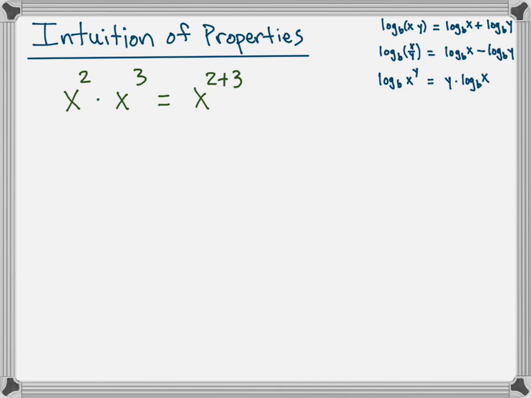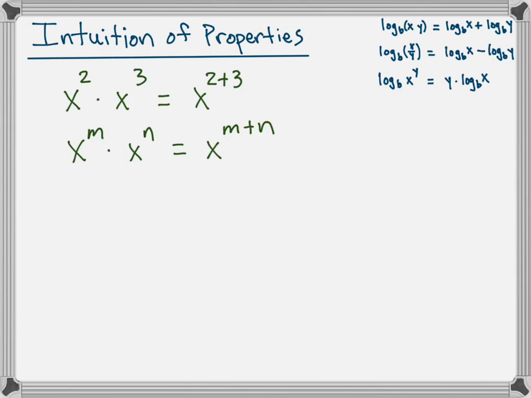It seems a little weird that when we multiply, we add, and so we have the same idea on the logarithm. When we multiply, we add those together. You can go a little more general if you want to, and that would look like x to the m power multiplied by x to the n power. That would be x to the m plus n. Sweet. So that's justifying the first one, which hopefully is making sense.